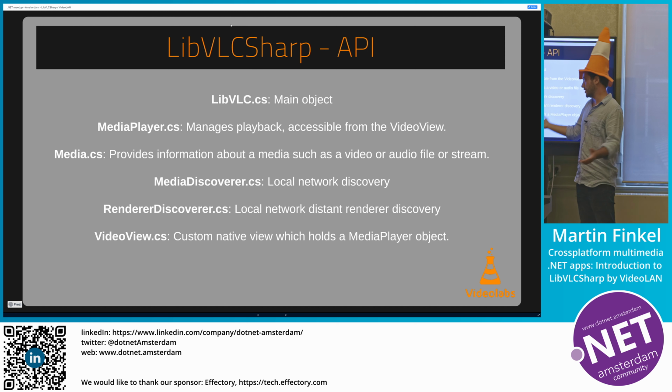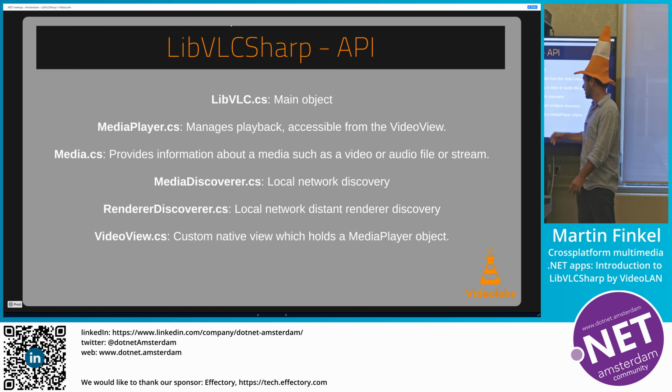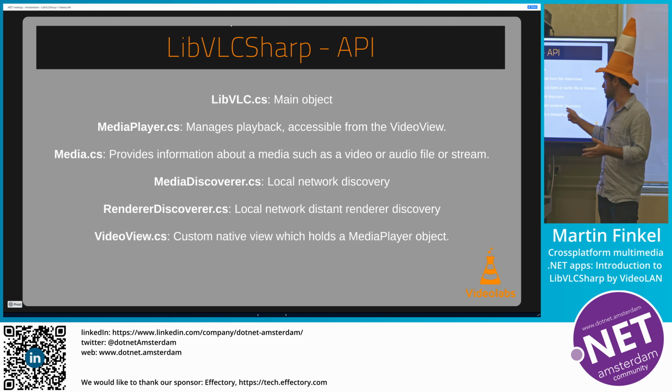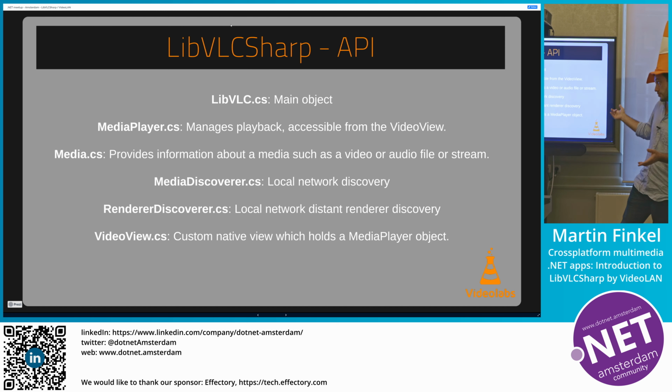The media could be anything: local file system, video file, HTTP stream, audio file, even from RAM. So you can also feed the VLC library from byte arrays if you want. Media Discover, that's what you use to find your NAS on your local network. And the Render Discover to find the Chromecast.